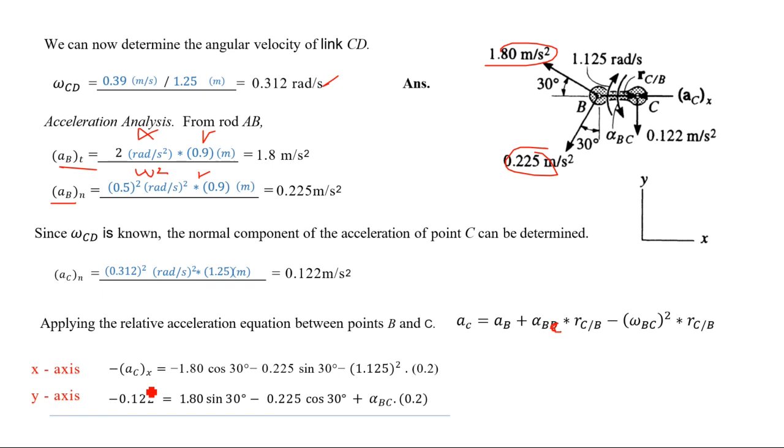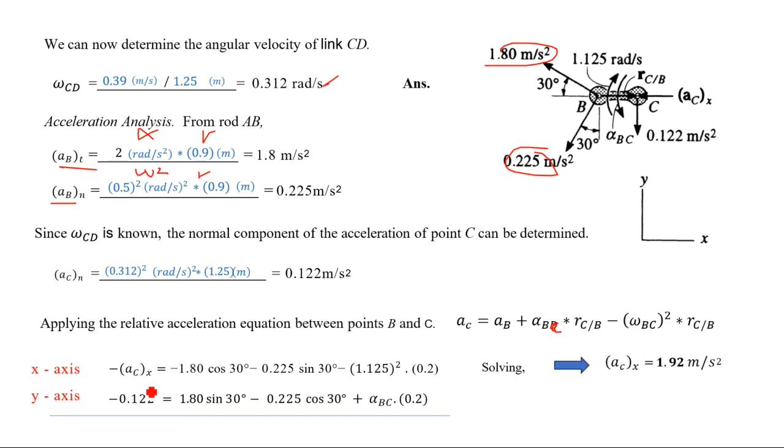For the y-axis, we are going to repeat the same thing. What is going to be for the y-axis? So we already have the normal acceleration known, and we are going to have it as negative 0.122. And we are going to use the y direction to find the alpha of the length BC. After we find that, we're going to substitute in the equation before, and we're going to find the value for the acceleration of the C in the x direction.